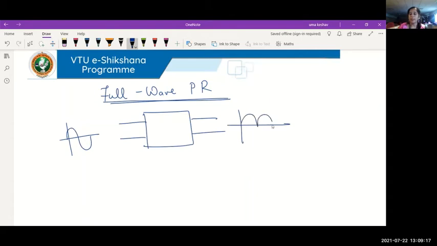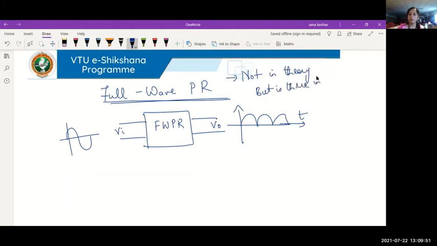We know how both positive and negative half cycles should be converted to one side. Say I want both of them to be converted to the positive side, then this is possible using a full wave precision rectifier. This is your Vi and V0 for a full wave. Actually, full wave is not in the theory syllabus, but it is in the lab. All of you would have already done it in the lab.